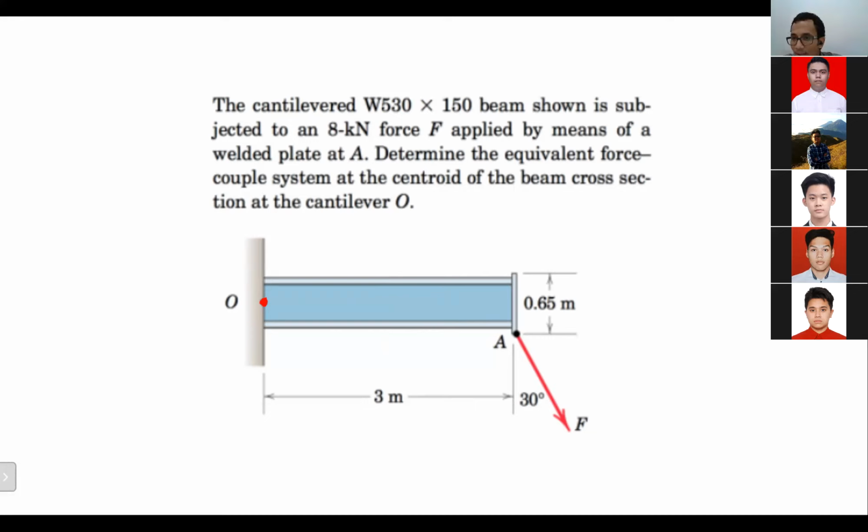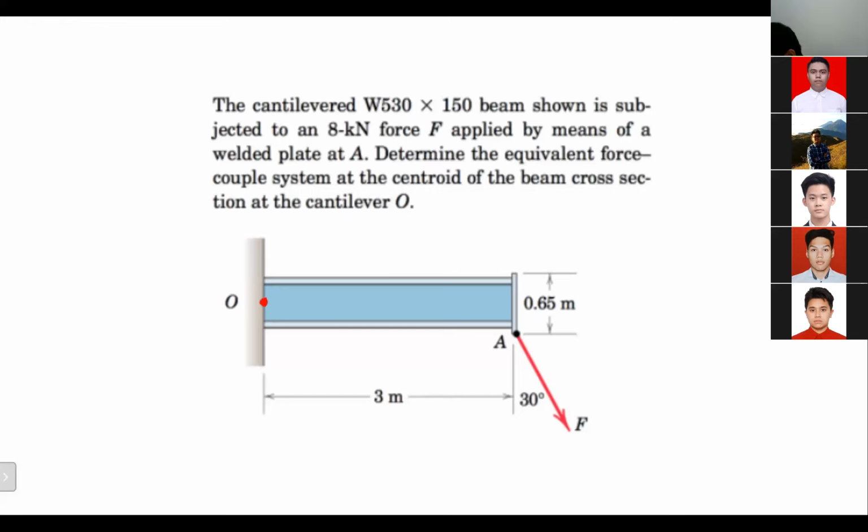Okay, Ananda, just now you were asking me, right? In order to make sure that you understand, let's try to do this. How can we do this, moving from point A to point O? Maybe make a parallel line. A line which connects point A to point O, so there's a perpendicular distance like that.